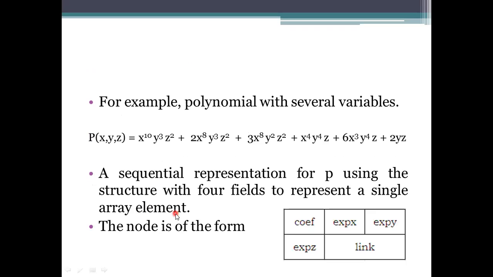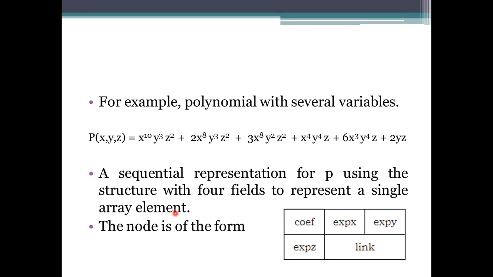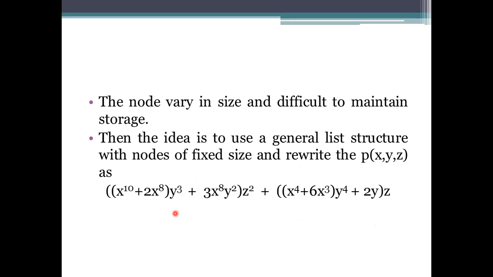And how we store the processing of this list: we are using the polynomial example. To store the values, you use 4 fields: coefficient, exponent, that is x, then y, and then z. How many elements you take into the processing?